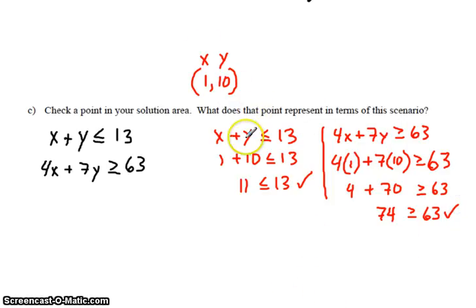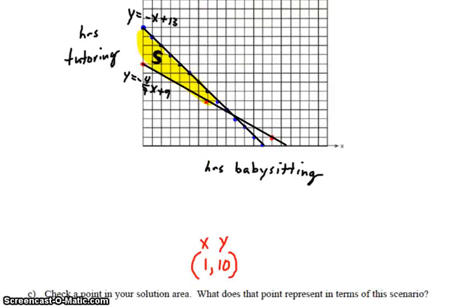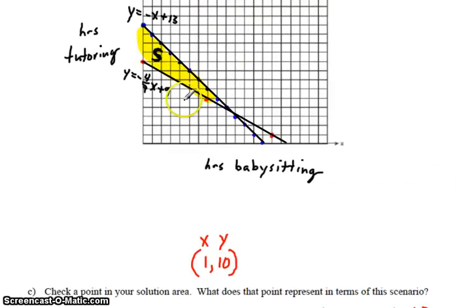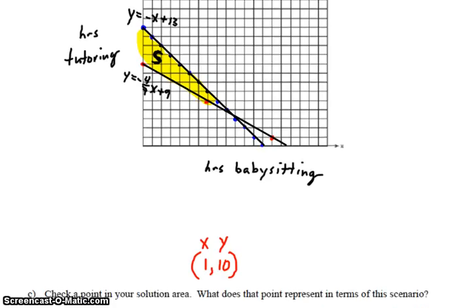So (1, 10) checks. And then the second part of this, though, is what does that point represent in terms of this scenario? Well, if the x is 1 and the y is 10, the x, again, if I kind of go back, is the hours babysitting, and the y is the hours tutoring.